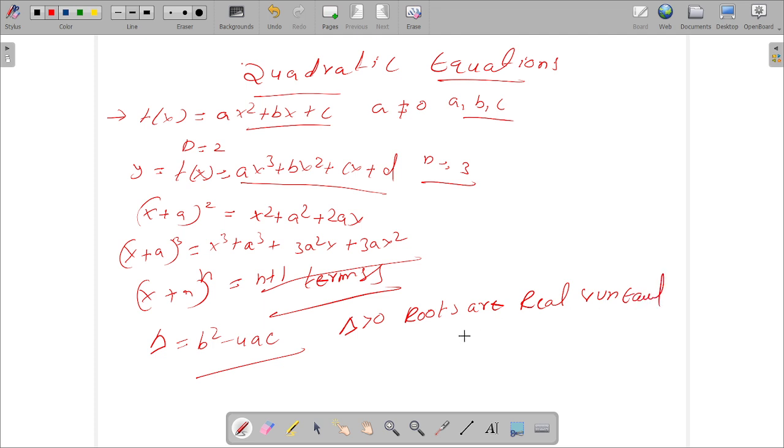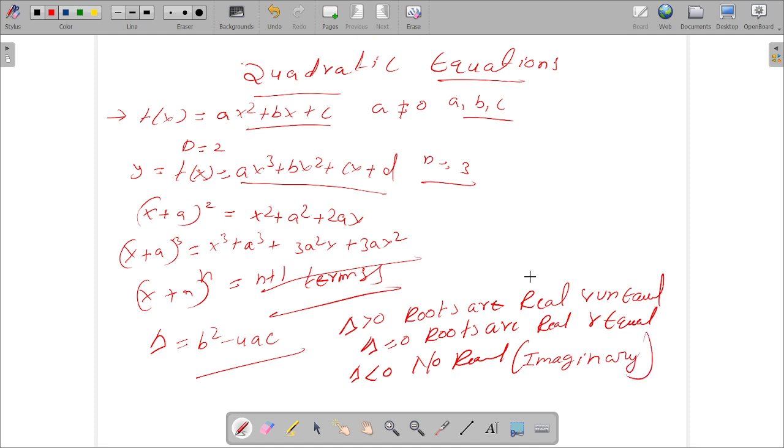If delta equals 0, roots are real and equal. This is the small difference. And if delta is less than 0, there are no real roots, or in higher standards you can say imaginary roots.